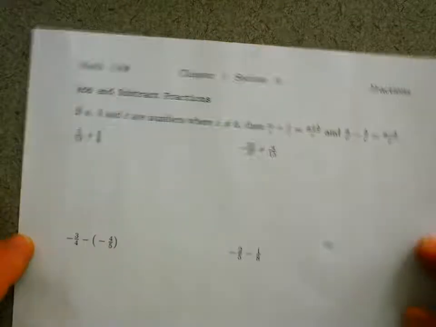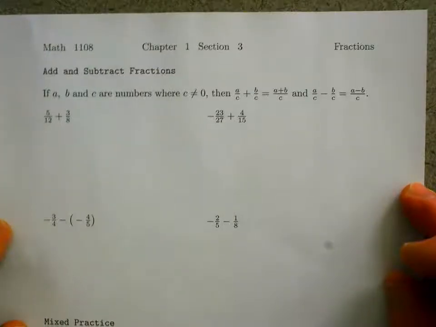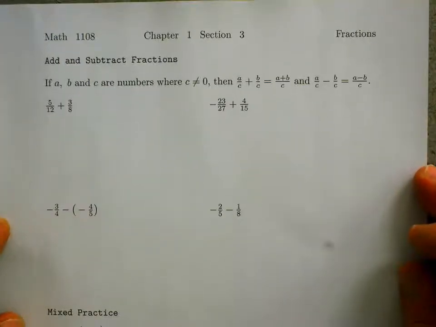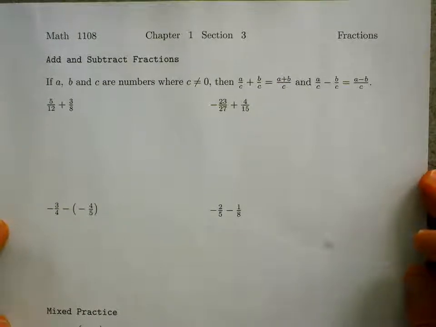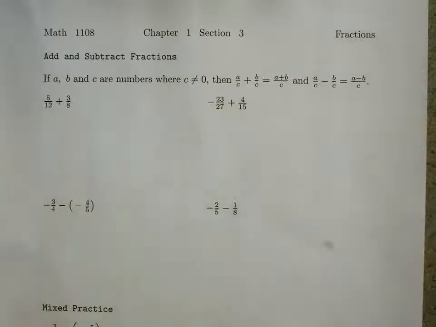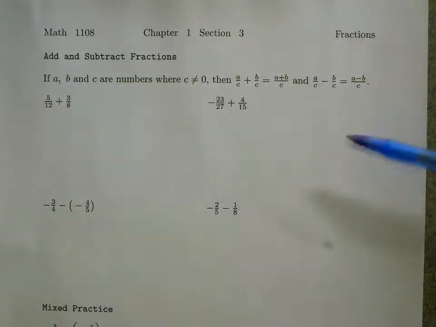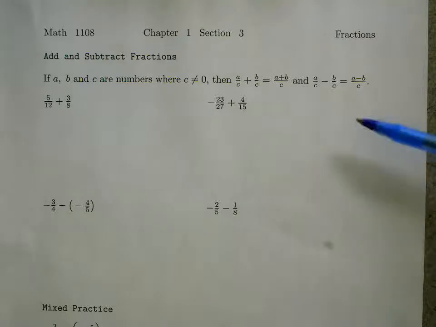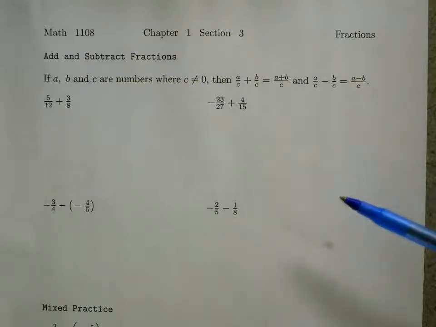All right, let's talk about adding and subtracting fractions for a few minutes. Okay, if A, B, and C are numbers where C does not equal 0, then you can only add and subtract fractions if the denominators are the same.